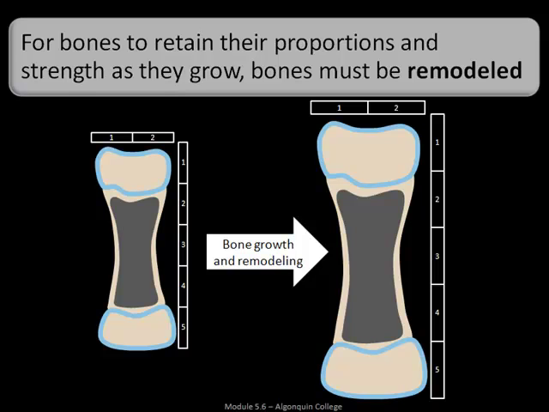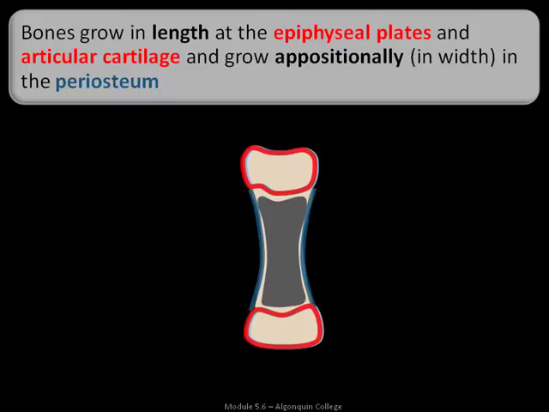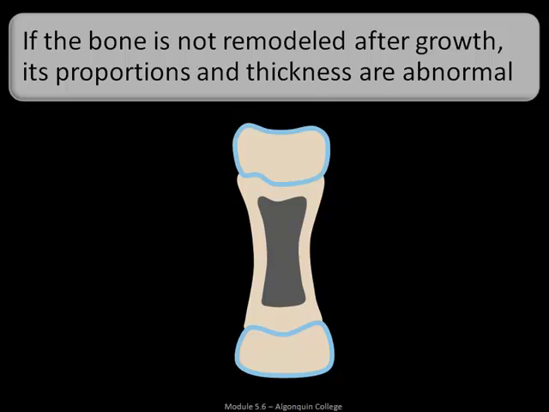For bones to retain their proportions and strength as they grow, bones must be remodeled. Bones grow in length at the epiphyseal plates and articular cartilage, and grow appositionally in the periosteum. If the bone is not remodeled after growth, its proportions and thickness are abnormal.